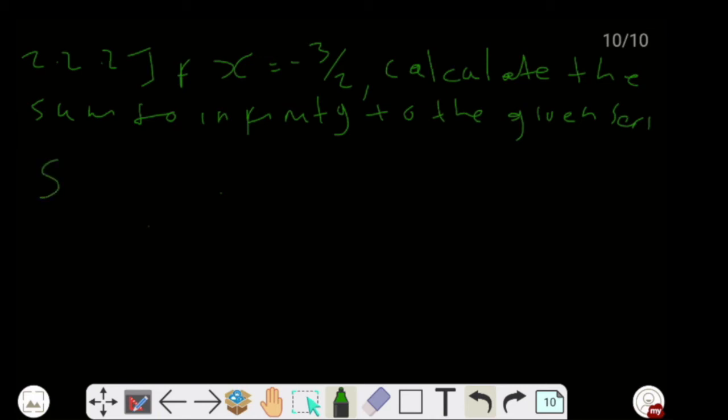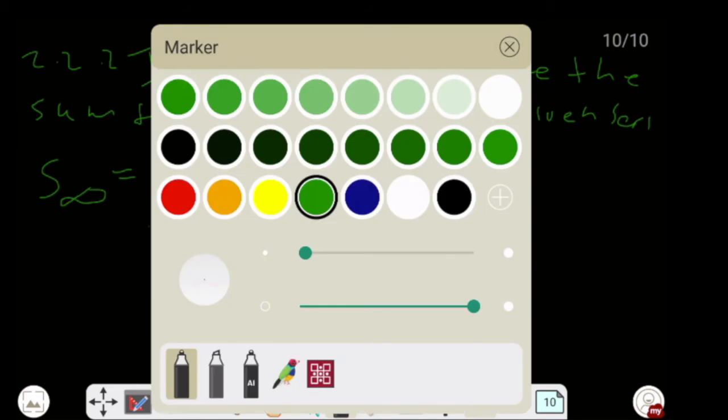We start by writing our equation of sum to infinity, which is sum to infinity equals a all over 1 minus r, right? Now we have determined that, remember, your a is what?